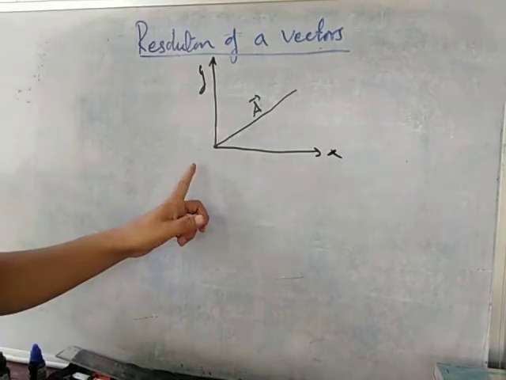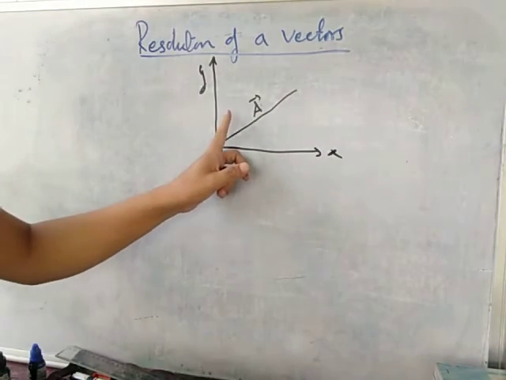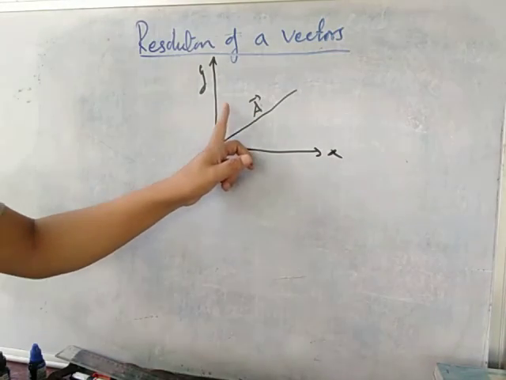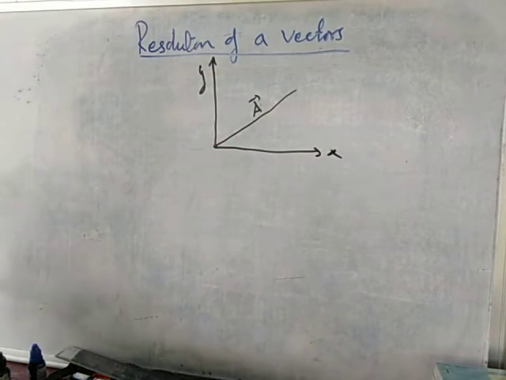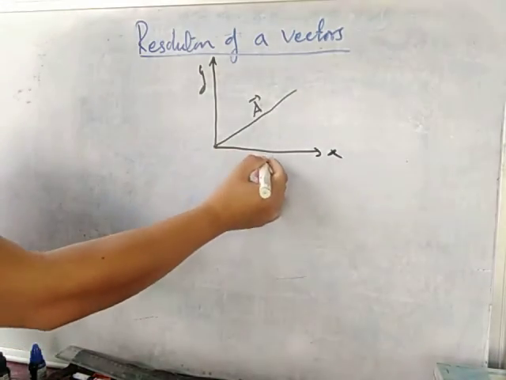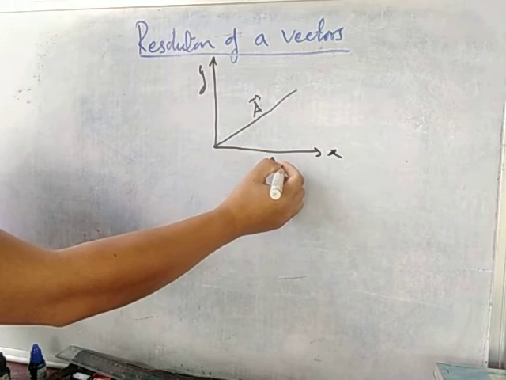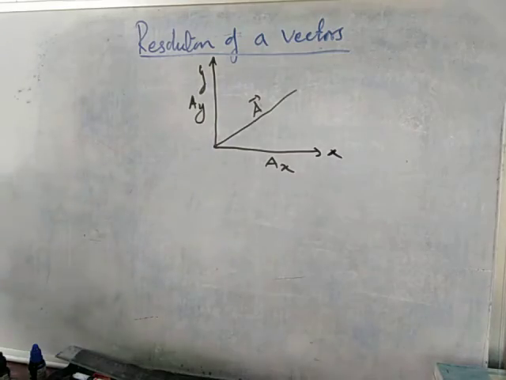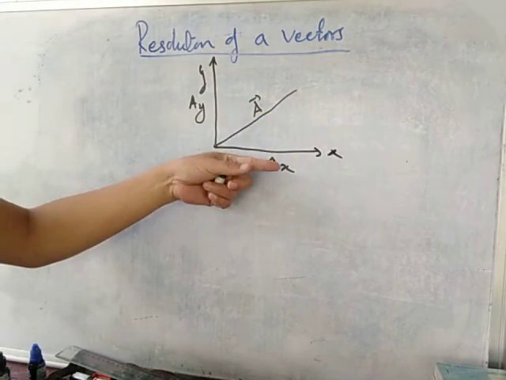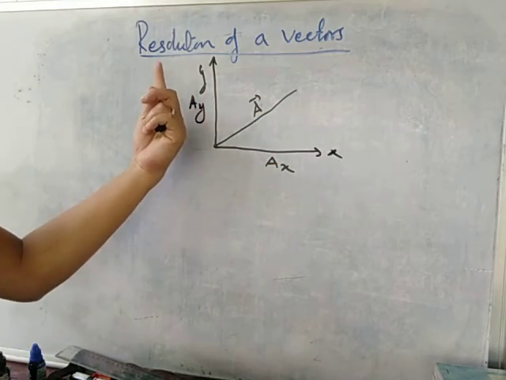This is what the resolution is. Okay, and along the x axis we will have Ax and along the y axis we have Ay. So this force is divided into two parts and that is called resolution.